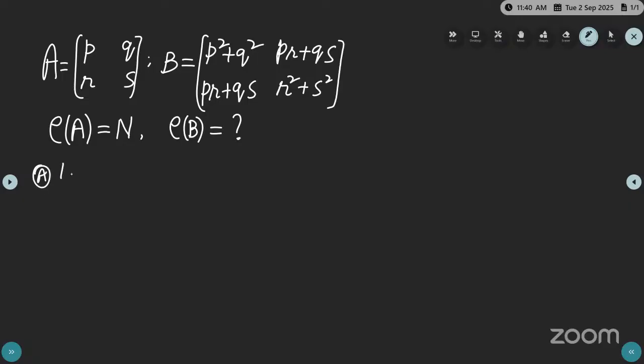Option A, n by 2. B, n minus 1. C, n. D, 2n. Yes, do it quick, make it fast.